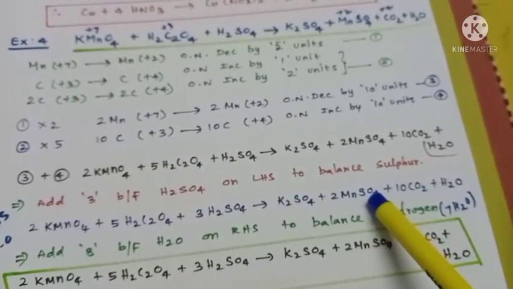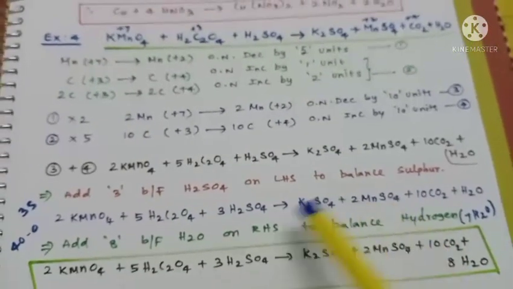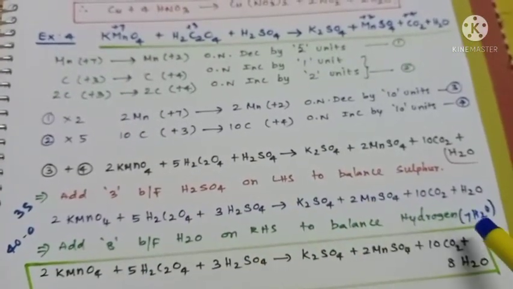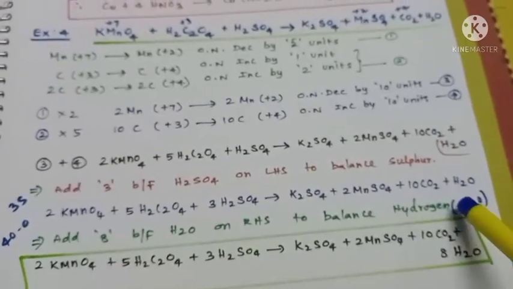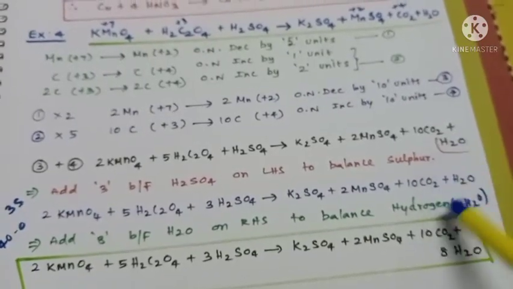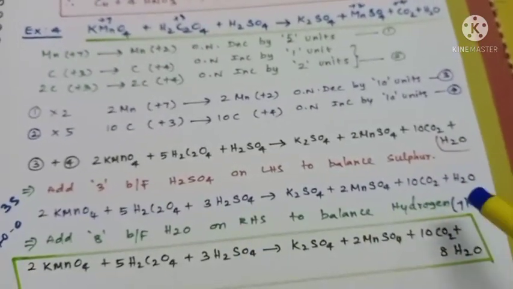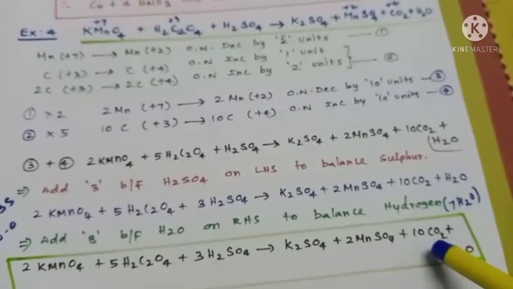The right-hand side has only 33 oxygen atoms. So 7 more oxygen you are supposed to add on the right-hand side, so I am going to add 7H2O on the right-hand side. Otherwise this H2O I can make it 8H2O. Both are the same. So let us add 7H2O on the right-hand side. Now this totally becomes 8H2O.